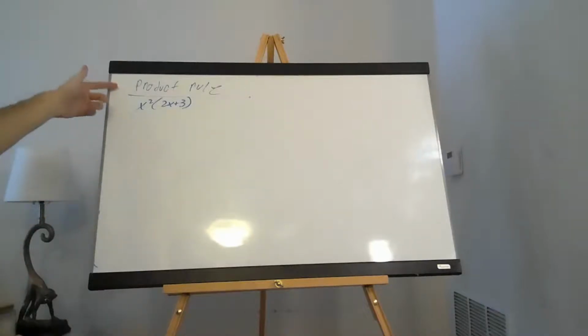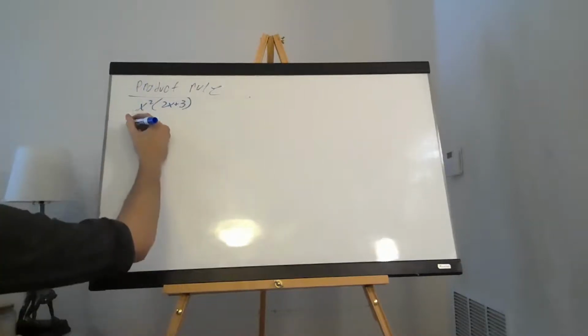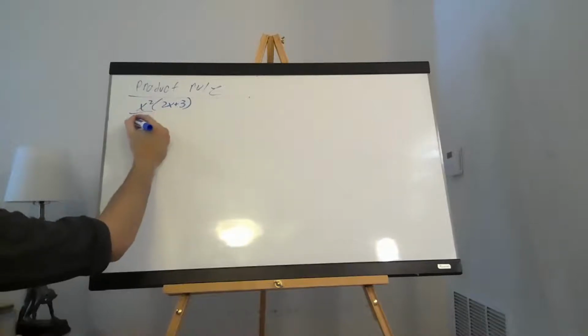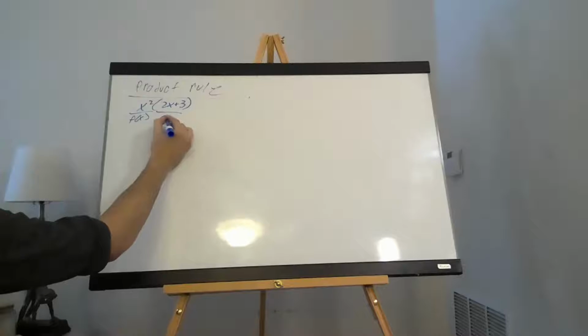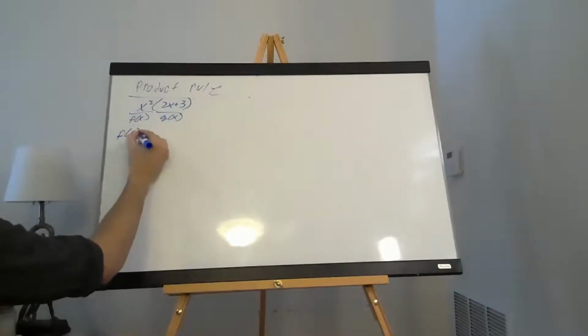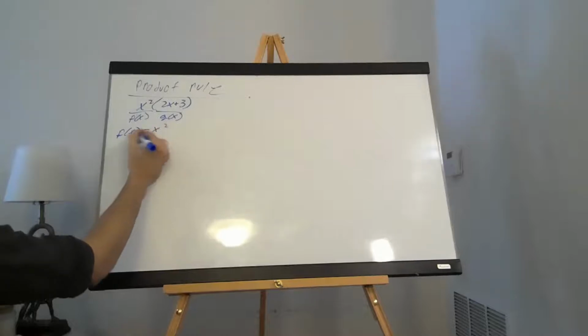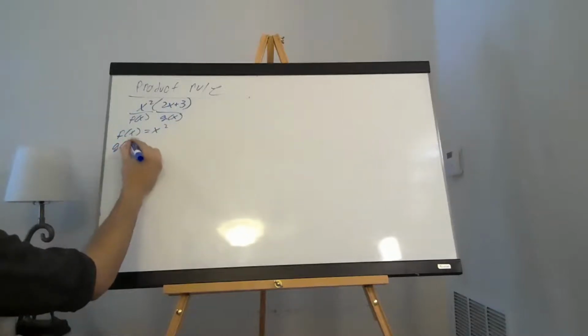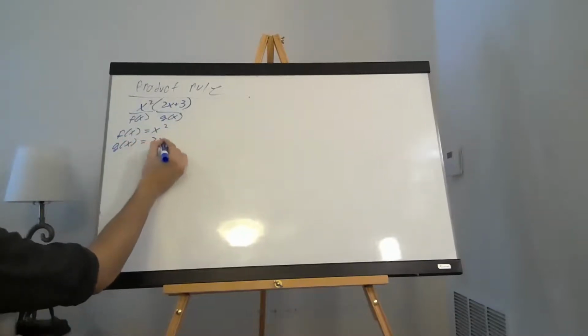Sure, that works. But for the sake of learning this, I'm going to explain it the way it's meant to be taught. So we view this as f of x and this function as a separate function, g of x. I'll write that out so it's a little more clear. f of x equals x squared, and g of x equals 2x plus 3.